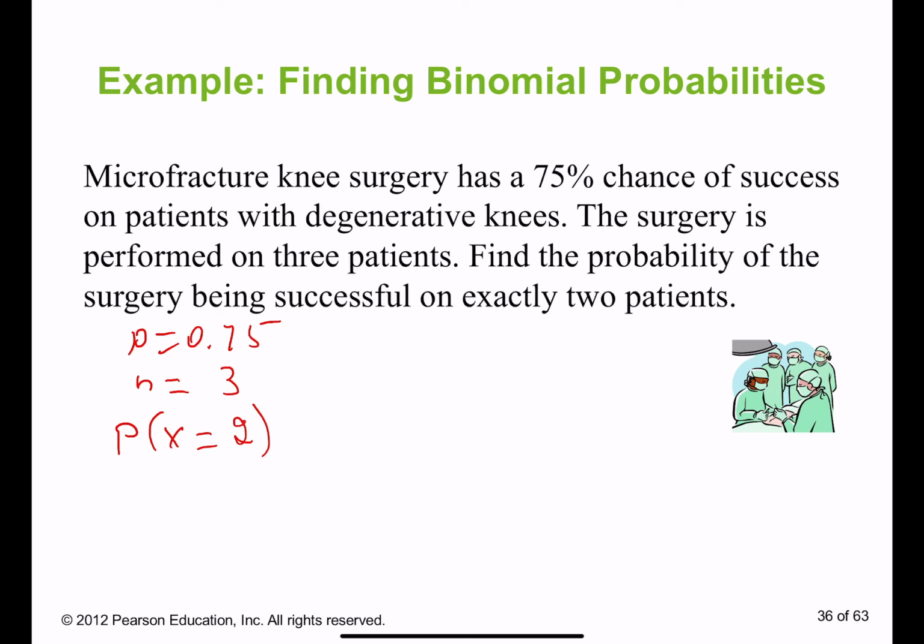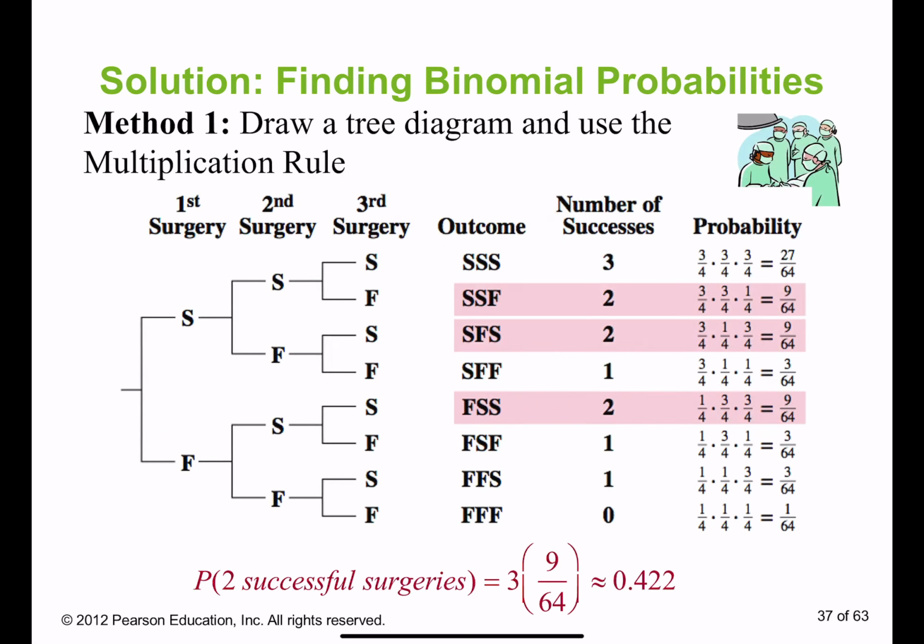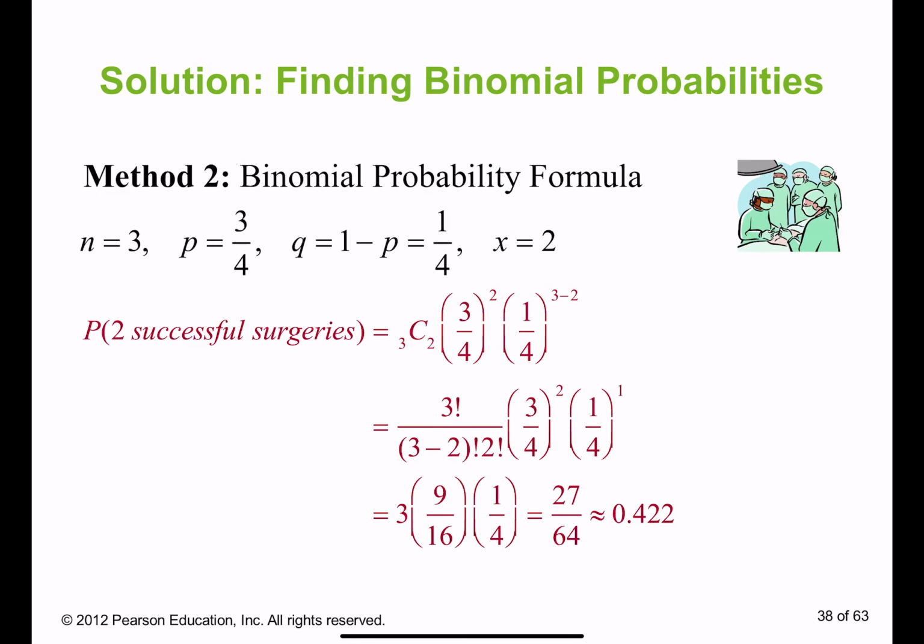So how are we going to solve this problem? You don't want to go through here. So this is what we are going to use. This is that formula I canceled, but here it is. Let me write down this formula: n factorial over n minus x factorial times x factorial, and then p to the power x times q to the power n minus x.